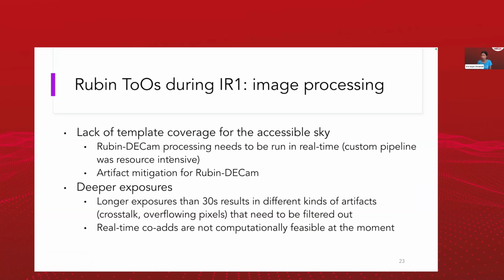So previously we had done this image processing offline, but this is something that needs to be run in real time. And we need to also be able to robustly mitigate artifacts in real time. And there are also some challenges associated with getting deeper exposures than 30 seconds, which could result in various artifacts. So again, artifact mitigation becomes a big issue.